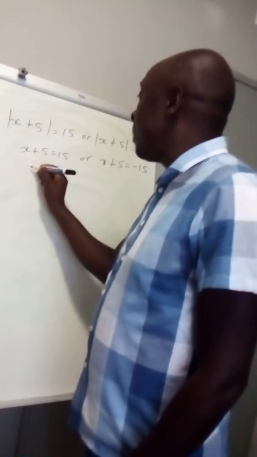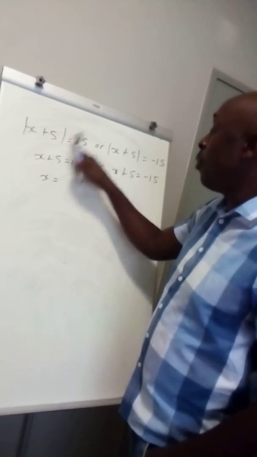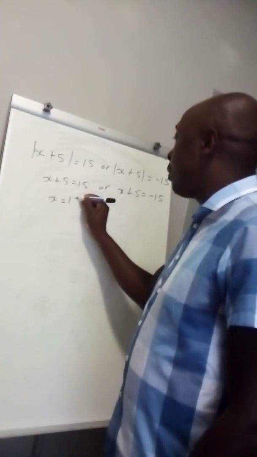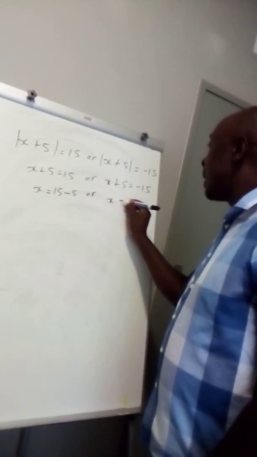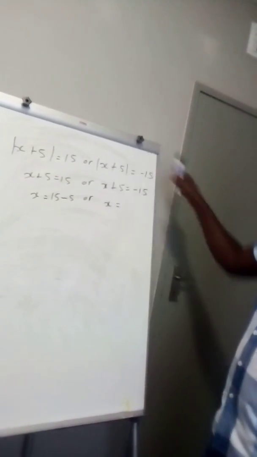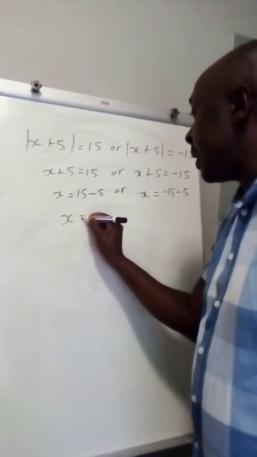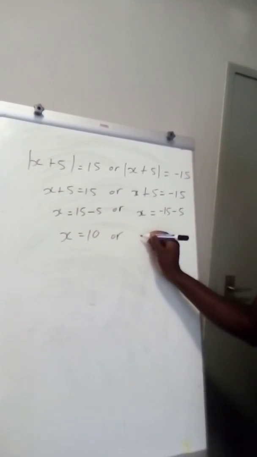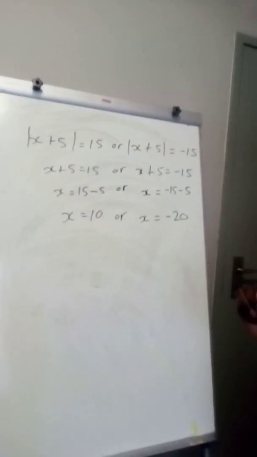Then grouping like terms together, x is equal to 15 subtract 5, as the 5 goes to that side and becomes subtracted. Or x is equal to -15 minus 5. Therefore, x is equal to 10, or x is equal to -20.